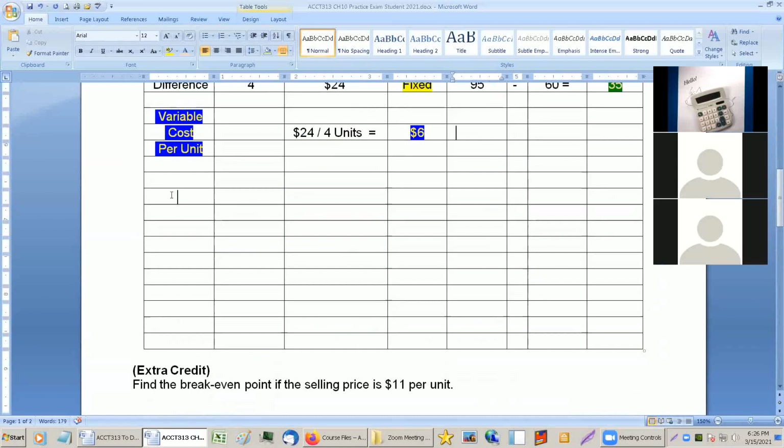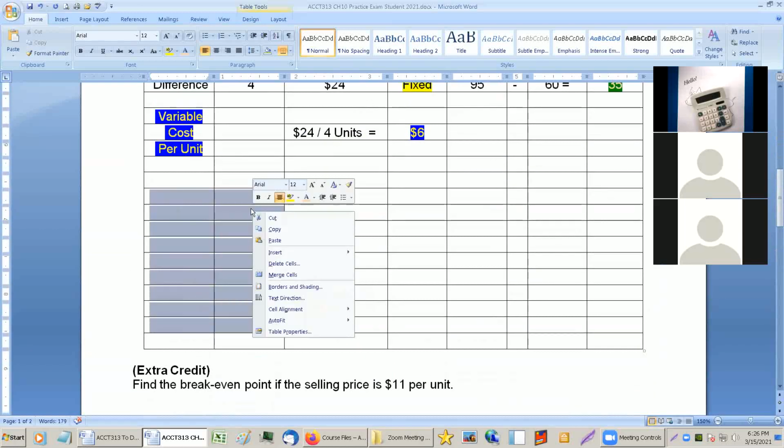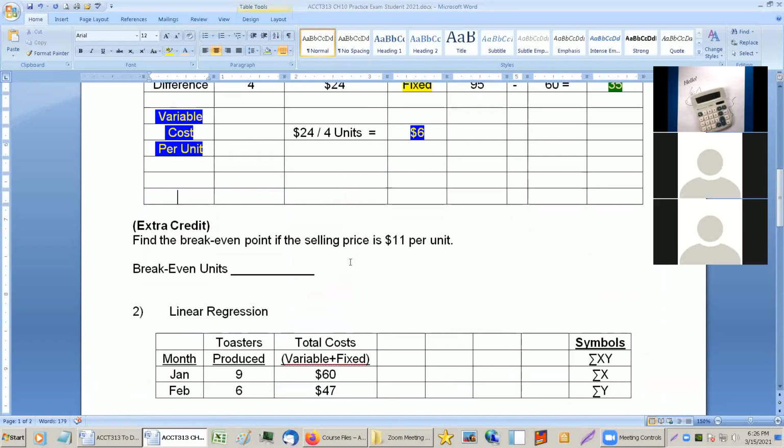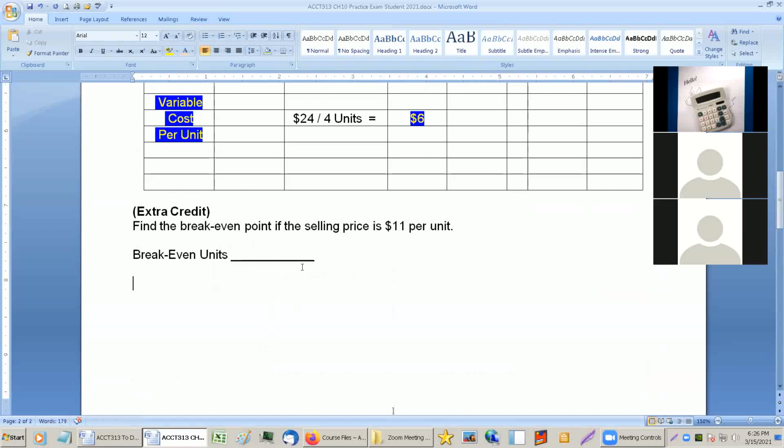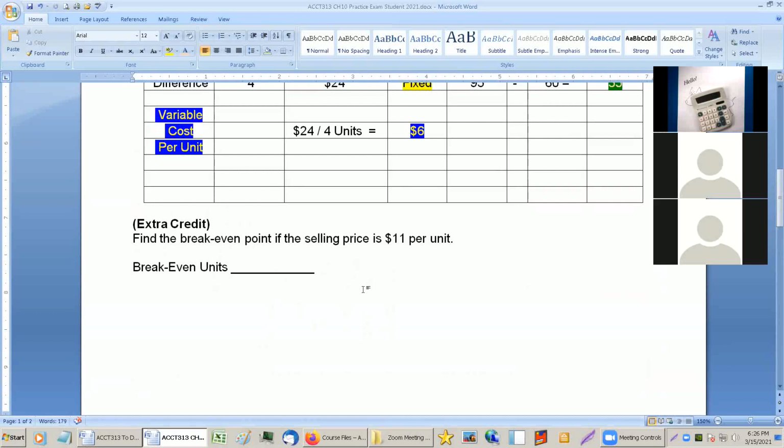Oh, we got an extra credit point problem here. There'll be an extra credit on the test, and it will be similar to this. Find the break-even point if the selling price is $11 per unit, and this just goes back to our variable cost.